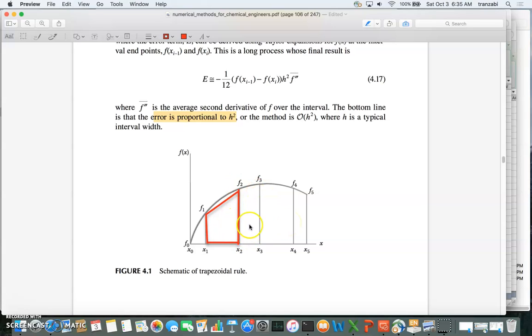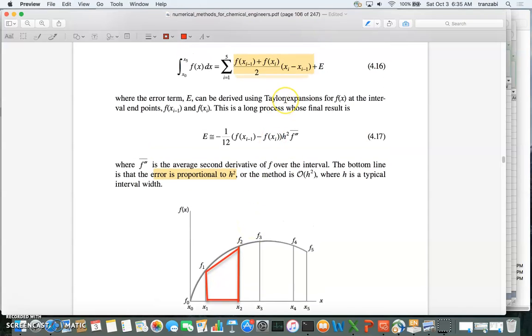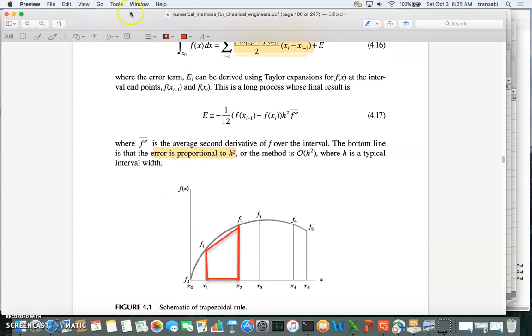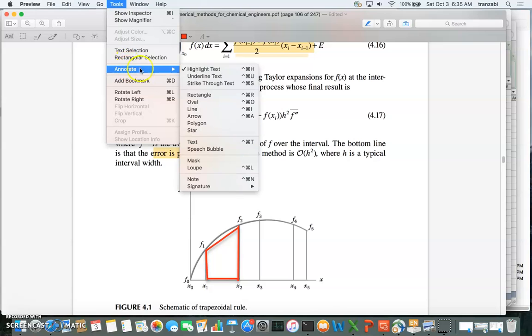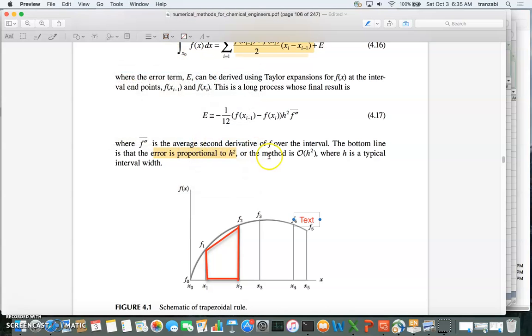So if you expand this sum, you see that trapezoidal rule is going to be something like, let's write it here.